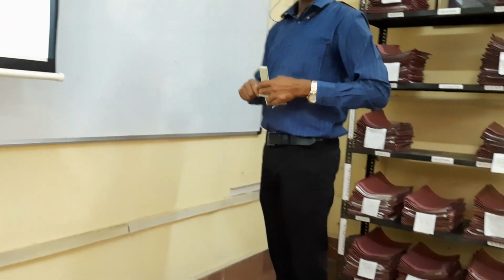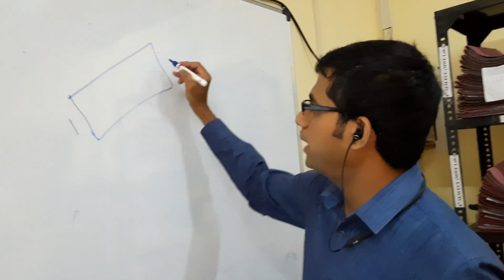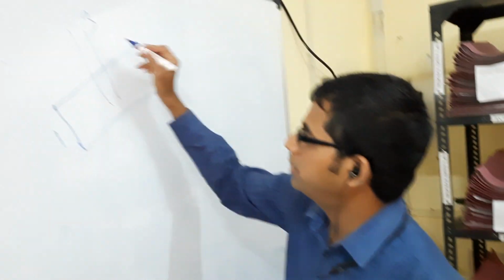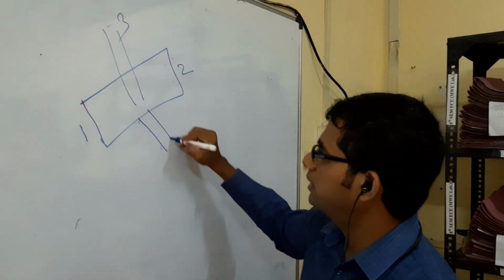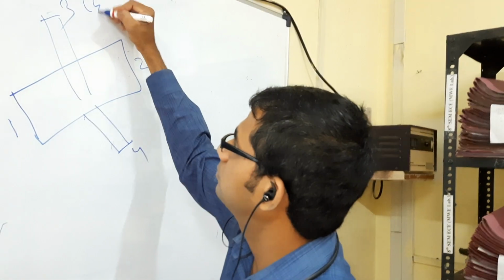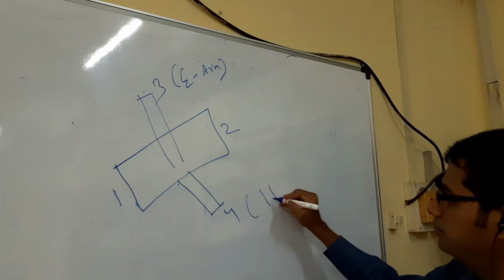Suppose this is the magic T. This is port 1, this is port 2. The E arm is port 3, the vertical one, and the horizontal arm is port 4. This is the E arm. This is the H arm.